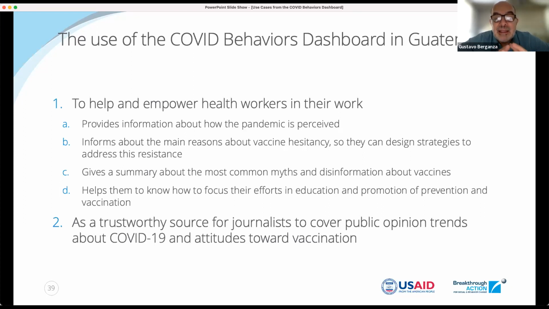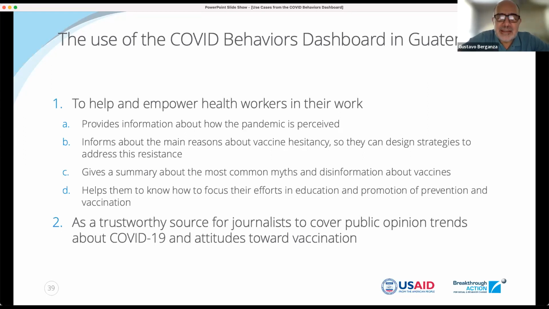Also, this dashboard, whenever we promote it with the health workers, will help their efforts in educating and promoting the prevention of vaccination.